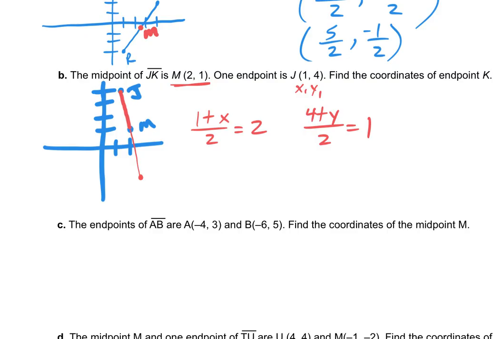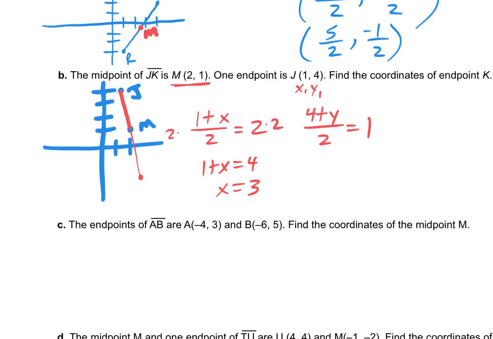Okay? Because right now we're dividing by 2. So I have to multiply by 2. So I get 1 plus x equals 4. And then I'm going to subtract 1 from both sides and get x equals 3.